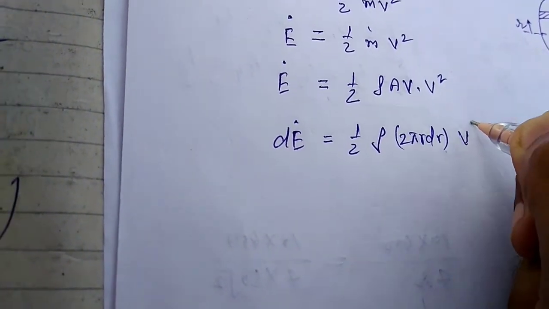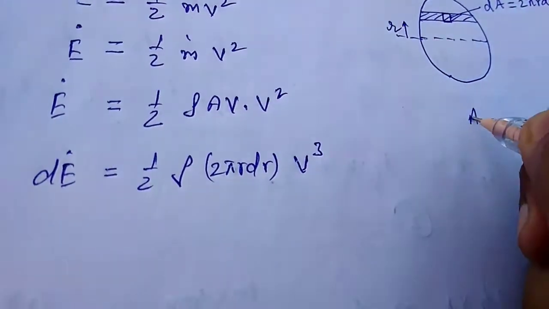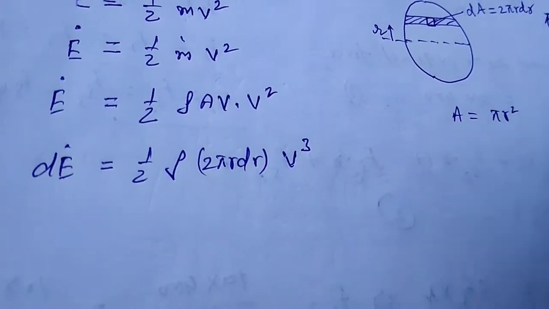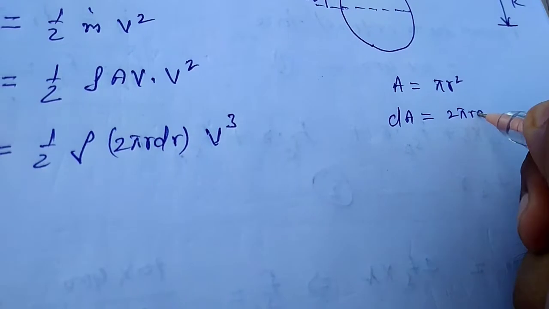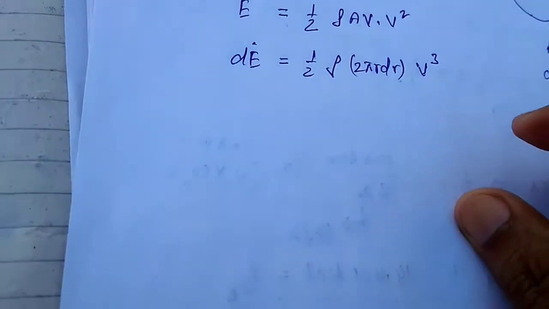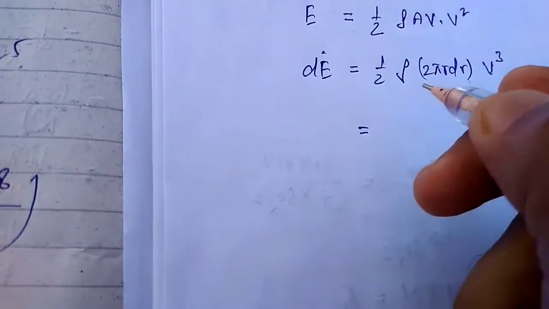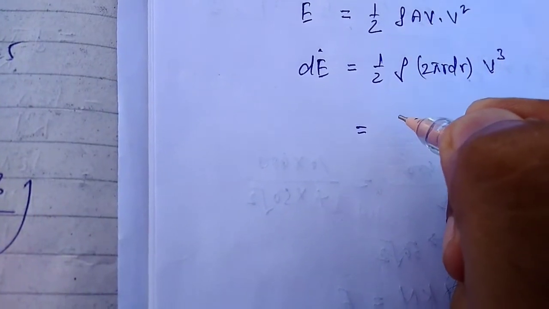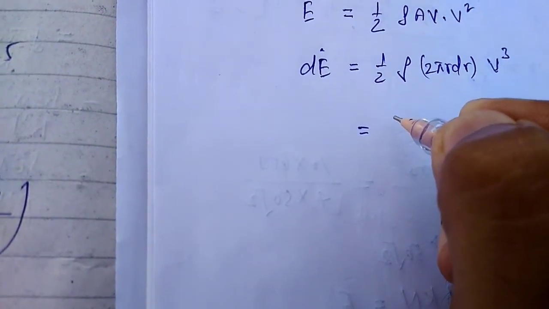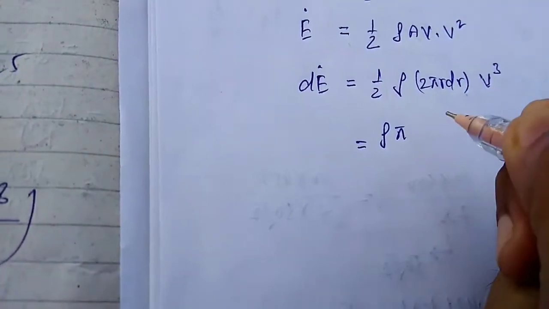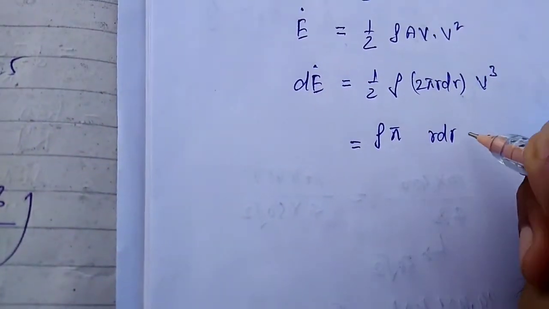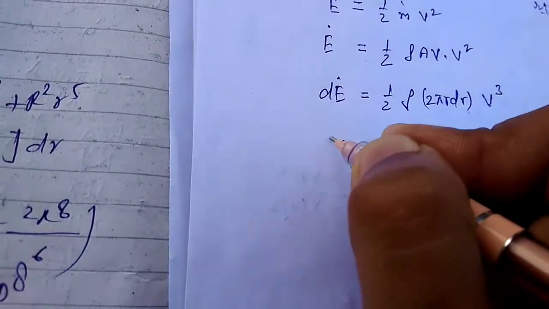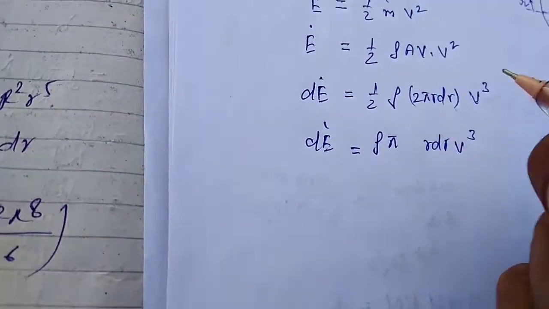Area is equal to pi r square, so dA will be equal to 2 pi r dr. Or you can say rho pi r dr v cube. This is dE dot.